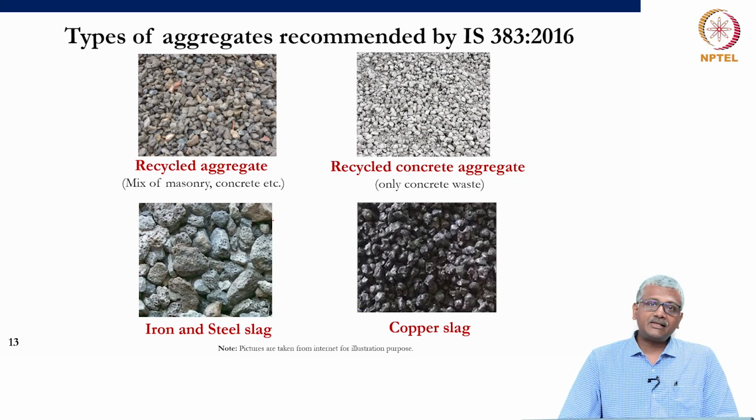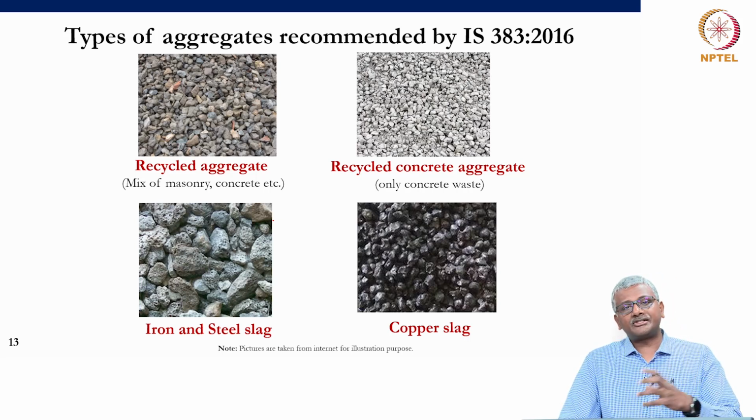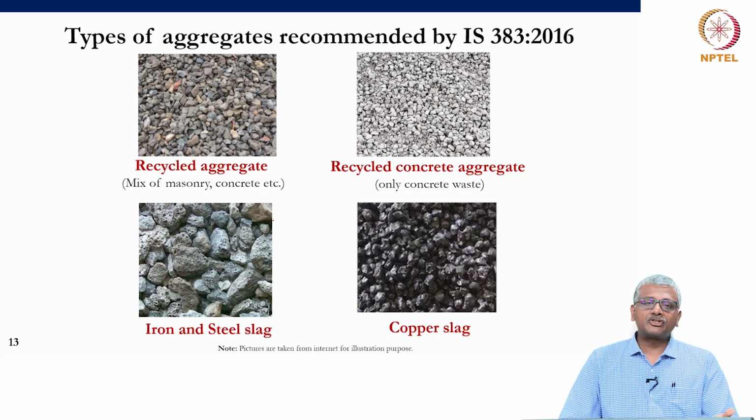Then you have iron and steel slag, which is basically aggregate manufactured from the slag that is generated during the iron and steel manufacturing process. You must have heard about this process, where you have slag that comes out of the different types of furnaces like blast furnace, electric arc furnace or the ladle slag and so on.